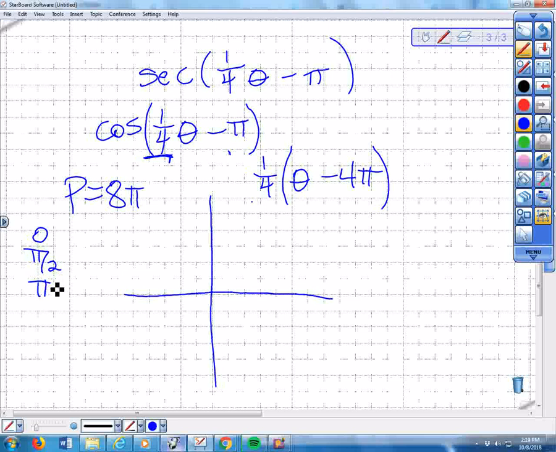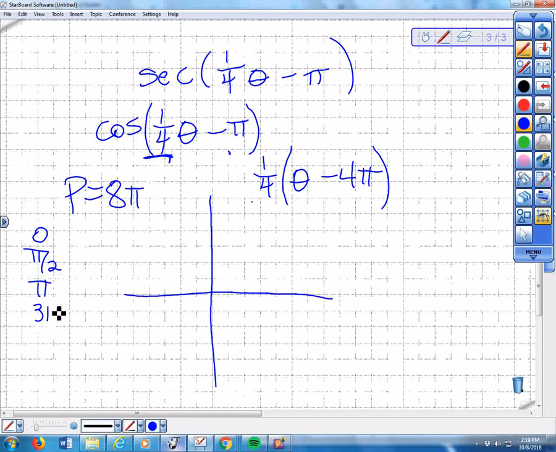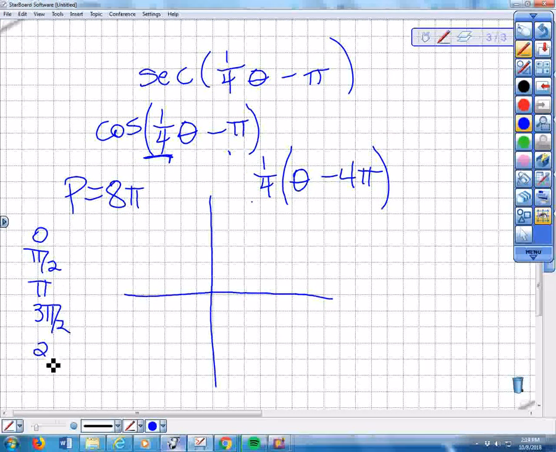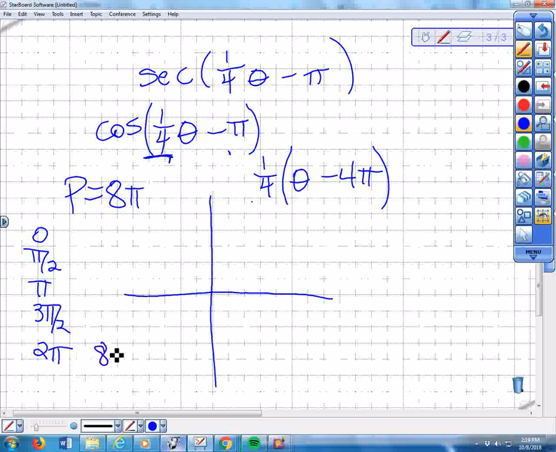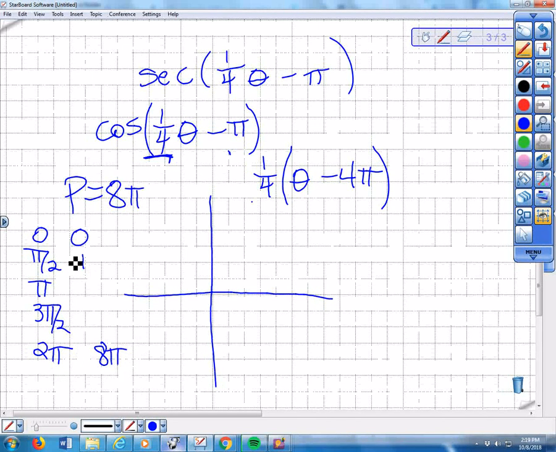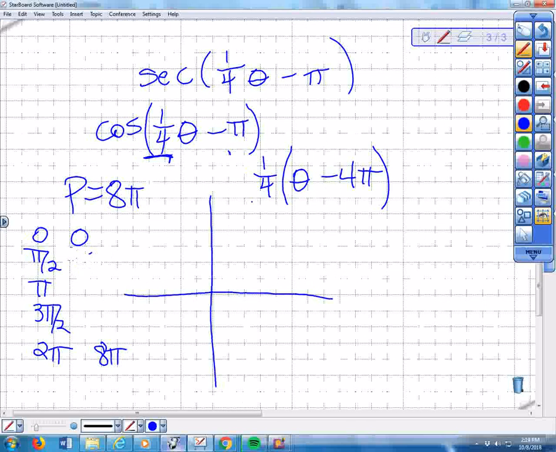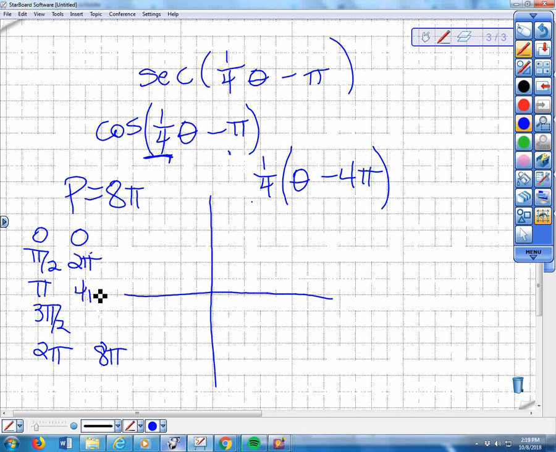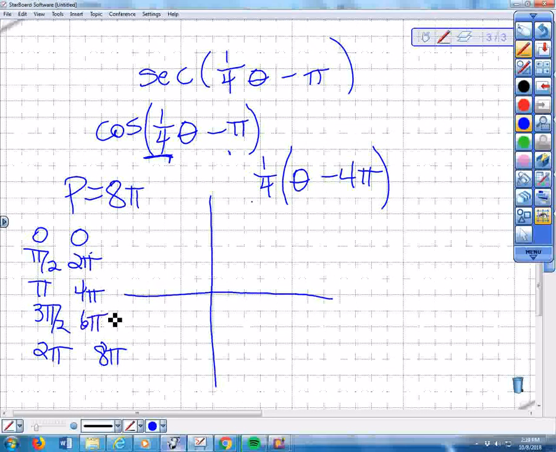Yeah, half. Thank you. Half of the period. So this is now 8 pi, right? That means this is pi, 2 pi, 4 pi, 6 pi. Then I'm going to add 4 pi to it.